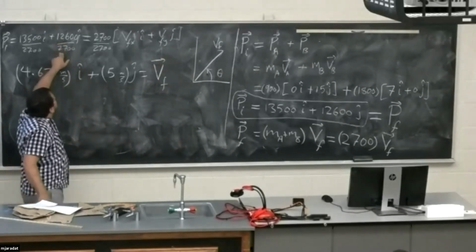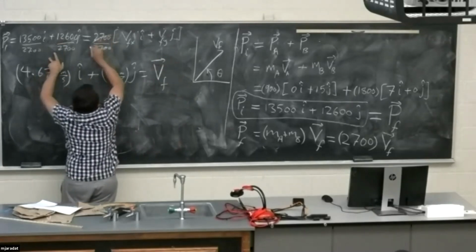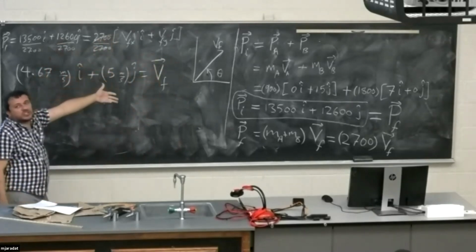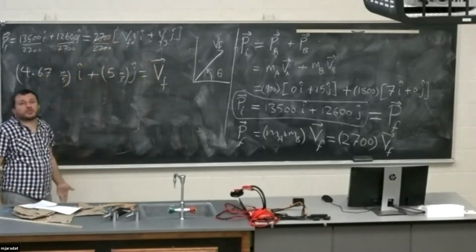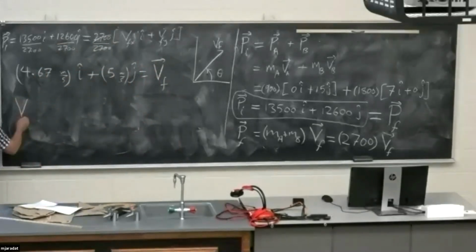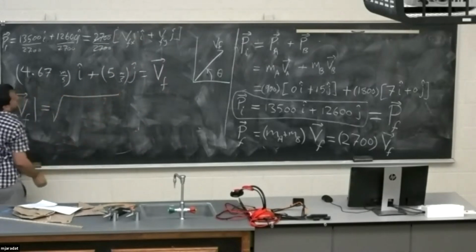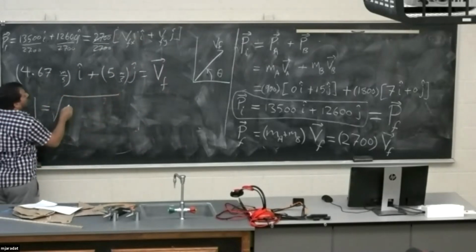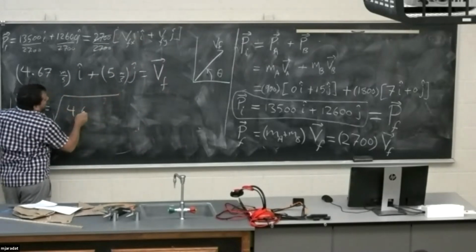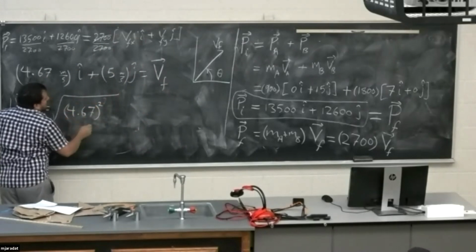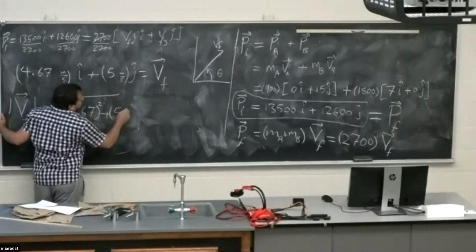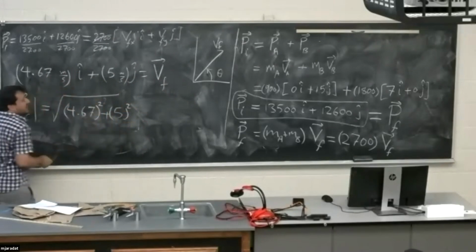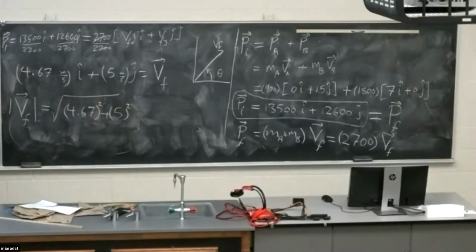I divide this over this and this over this, and I find the velocity. If I ask you about the speed, simply use the Pythagorean theorem: Vx squared plus Vy squared. This is the speed, not the velocity. This is the velocity, this is the speed.